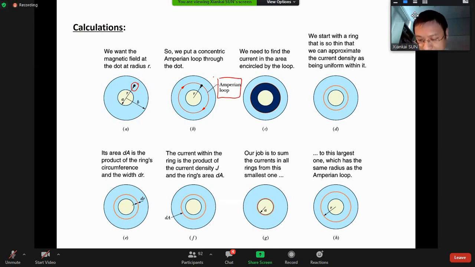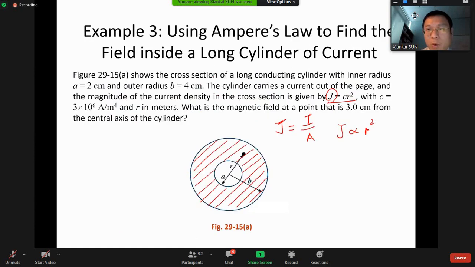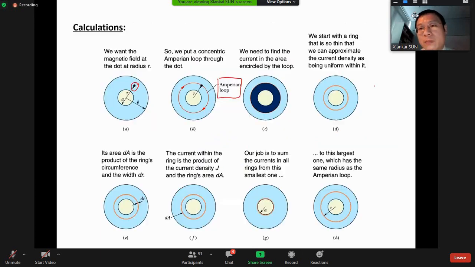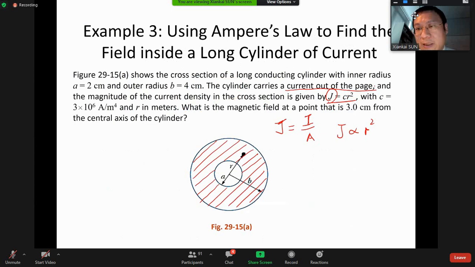But I need to remind you that in this problem, this current is flowing out of the page. Therefore, for this given direction of the Ampere loop, this current is considered negative.